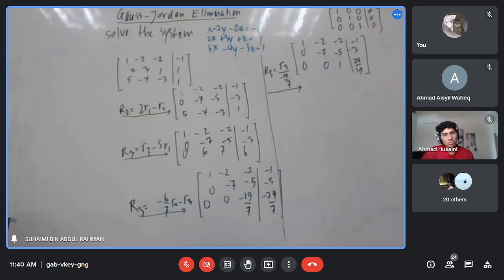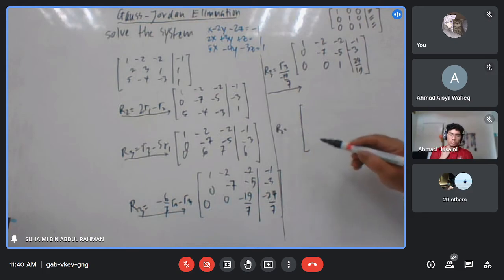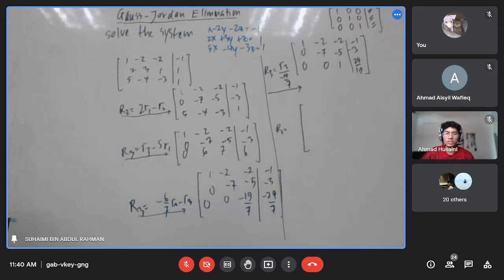Next, make 1 there. So we need to change row 2. Row 2 equals what?